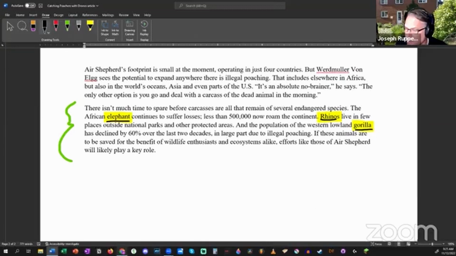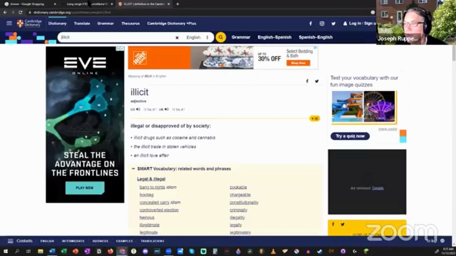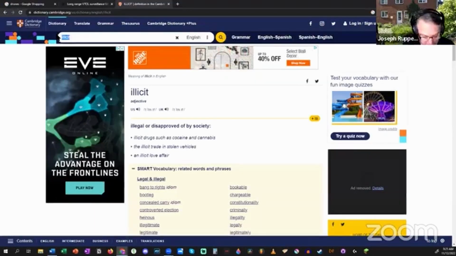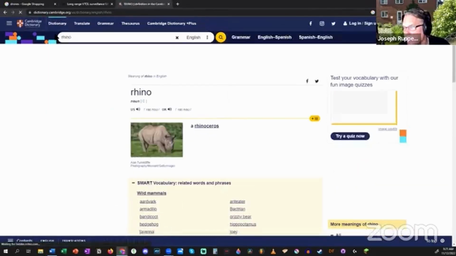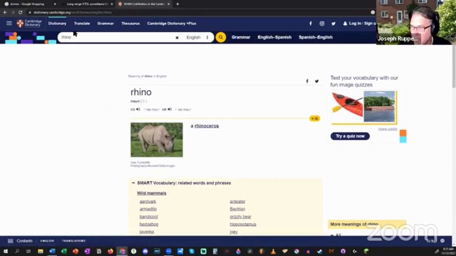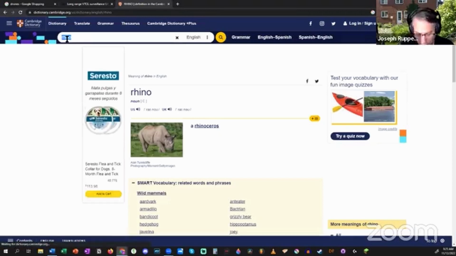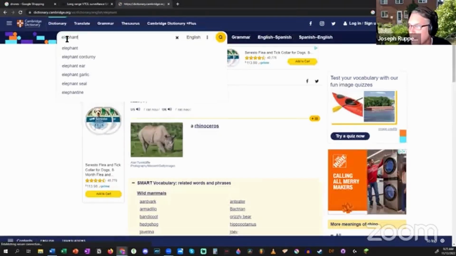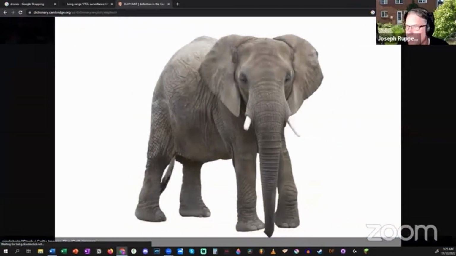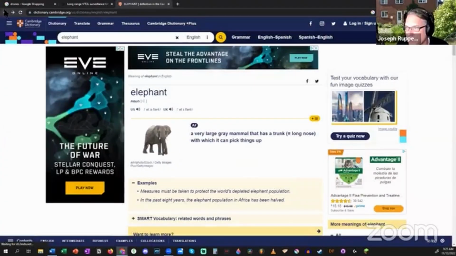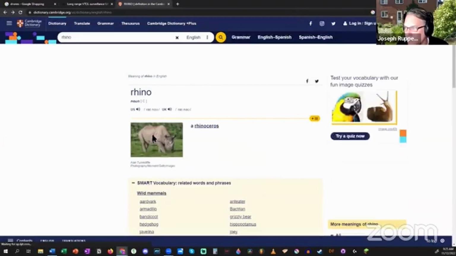We already looked at the rhino, so I'm sure you know the rhino is maybe the more unusual. Everyone knows what an elephant is, right? So we've got an elephant here. If I click on it, oh, look at that, it just blows it up. Oh, that's kind of cool. I do that with a rhino as well.